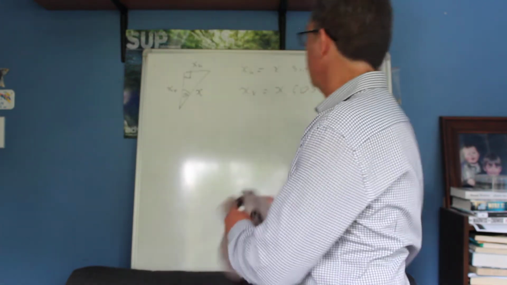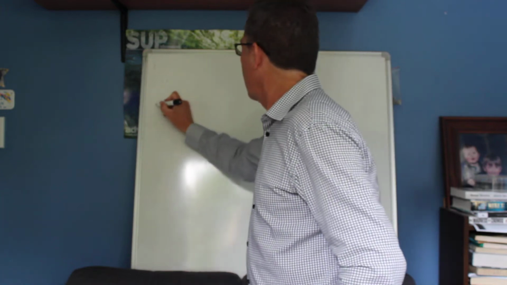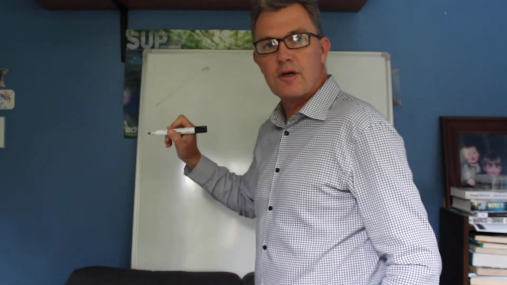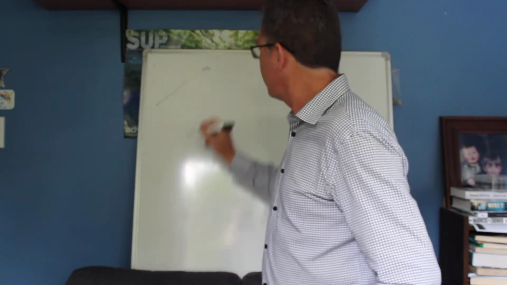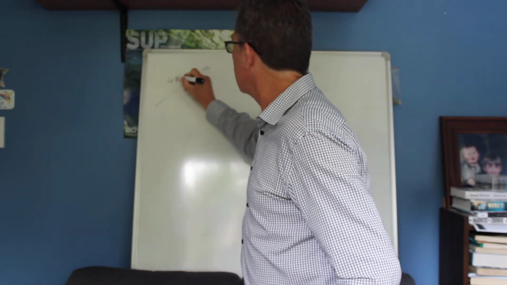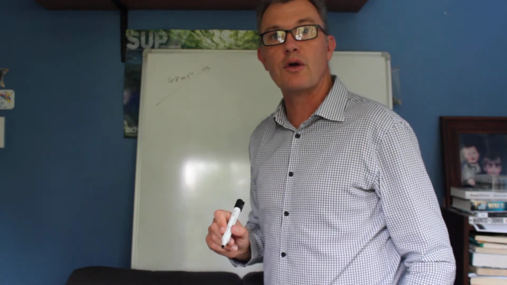Let's rub this one out first. So, a projectile is launched. There it is. A projectile is launched with an initial speed of 48 meters per second. 48 meters per second, that's pretty quick.